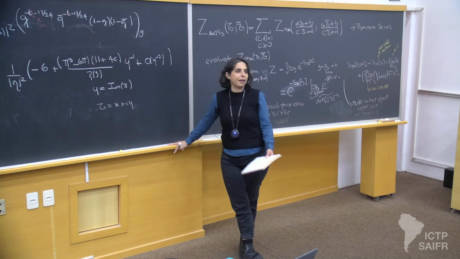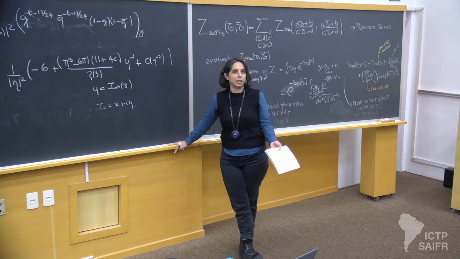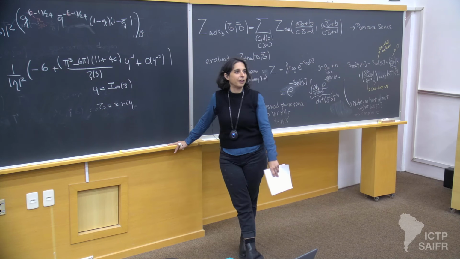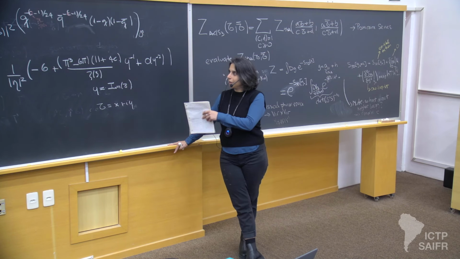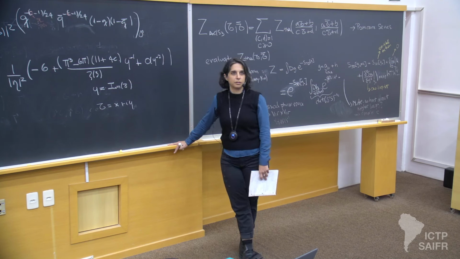But I assume that was not your bread and butter, that you didn't wake up every morning plotting Bessel functions. So that's why I decided to write it in this way, so that we can see roughly what's going on with this answer, and whether we did a good job or not, okay?